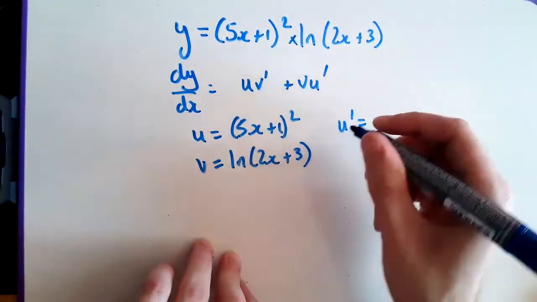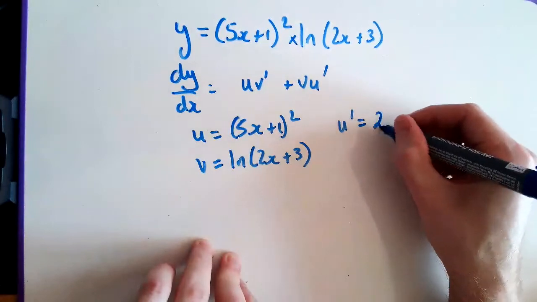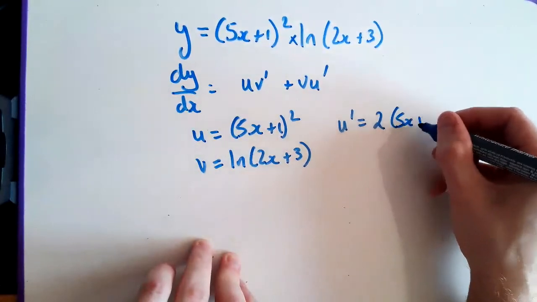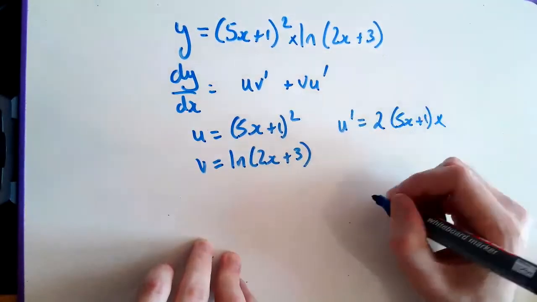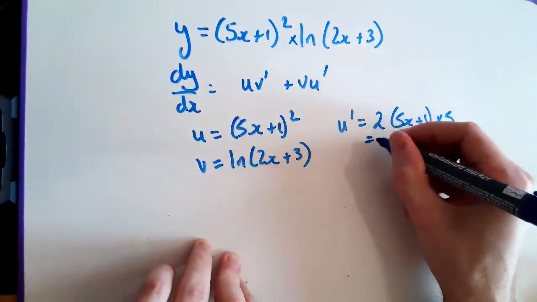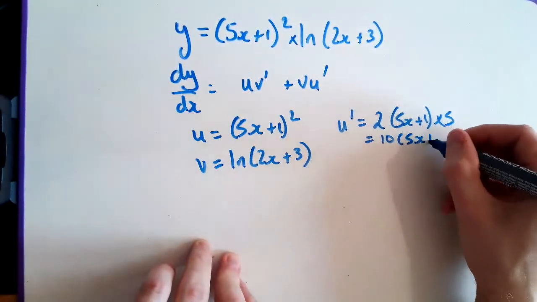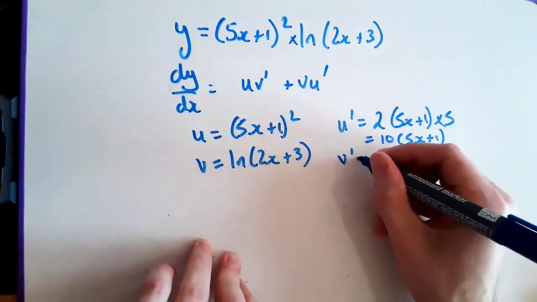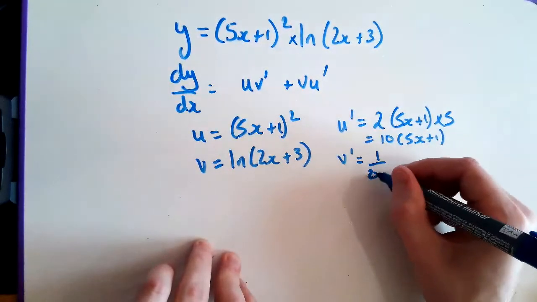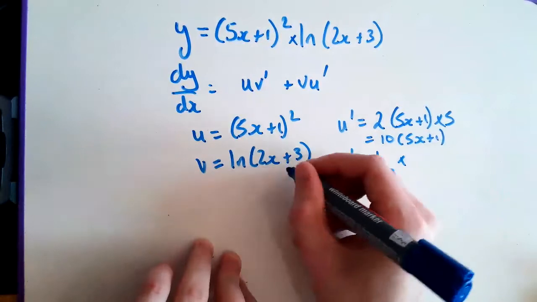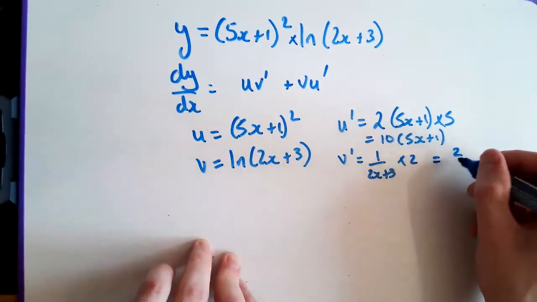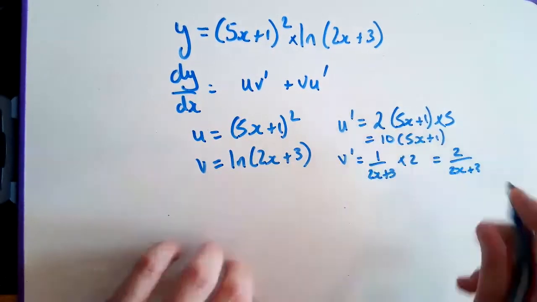So u dash is differentiated: 2 times (5x plus 1) times the derivative of the brackets, times by 5. So that's 10 lots of (5x plus 1). And v dash is 1 over (2x plus 3) times the derivative, times by 2, gives me 2 over (2x plus 3).